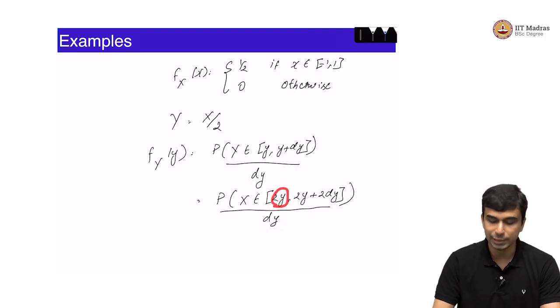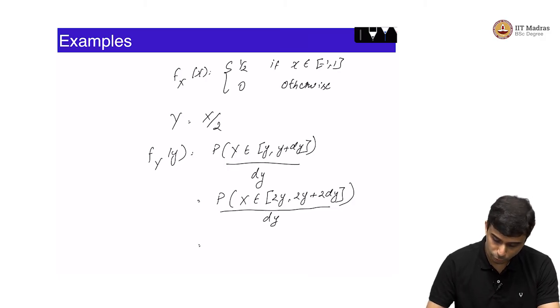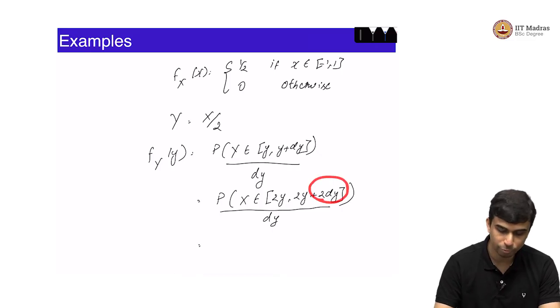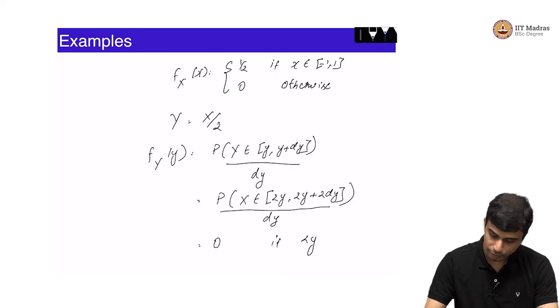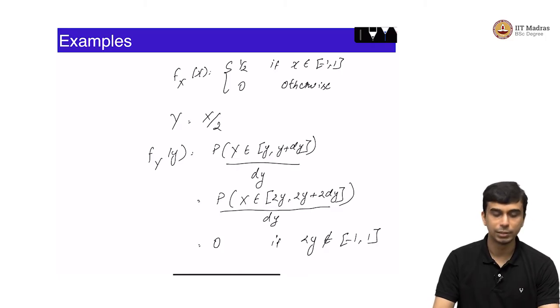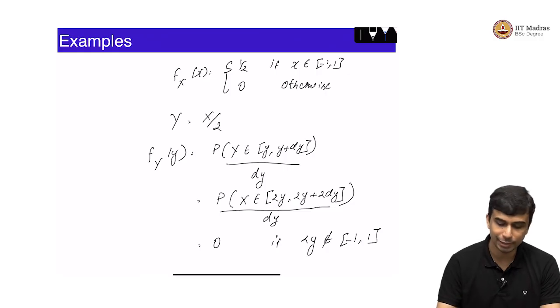So, when 2y is in the range of -1 to 1, this is going to be non-zero. Note that here it is 2 dy, so you have to be careful. This is going to be 0 first of all if 2y does not belong to -1 to 1, or in other words it is going to be 0 if y does not belong to -half to half, and that makes sense, right.